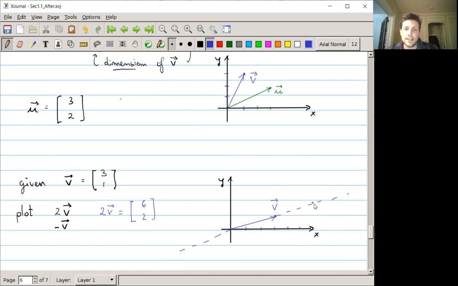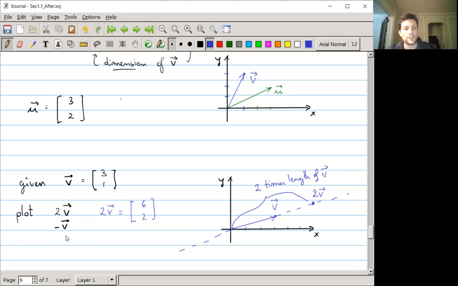It's on that line, and it's a stretching of v by twice its length. So the length of the vector 2v is twice the length of v. Multiplying by 2 is the same as stretching by that factor.